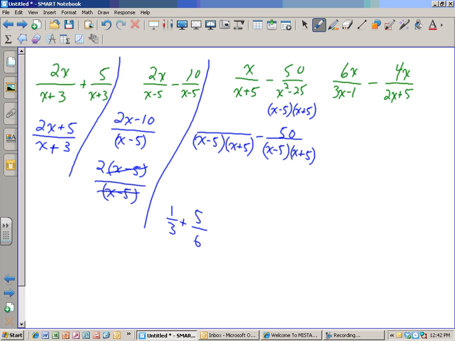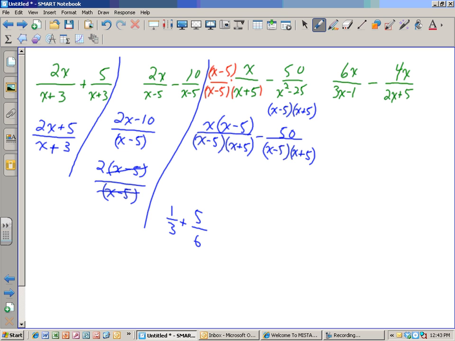But what did I have to multiply the numerator by to get the common denominator? X minus 5. That means I have to multiply the numerator by x minus 5. Because really what I'm doing, an equivalent fraction, is I'm multiplying the bottom by x minus 5 to get that common denominator, right? So I have to multiply the top so I don't change the value.